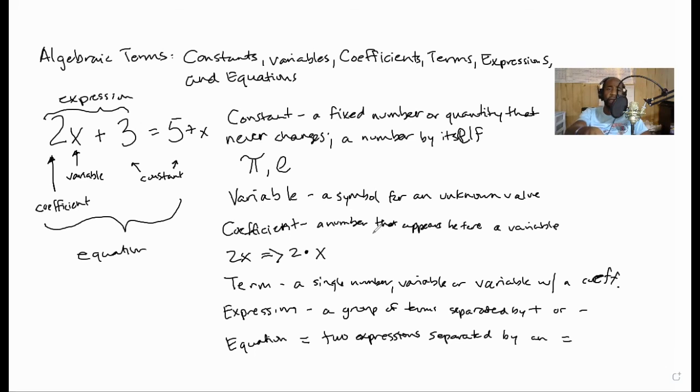A coefficient is essentially the number that appears right before a variable, and you have to remember that number before the variable is actually being multiplied times the variable. A term is a single number or a variable with a coefficient. An expression is a group of terms separated by a plus or minus. So this piece right here is an expression. And then an equation is 2 expressions that are separated by an equal sign. Okay, pretty straightforward.